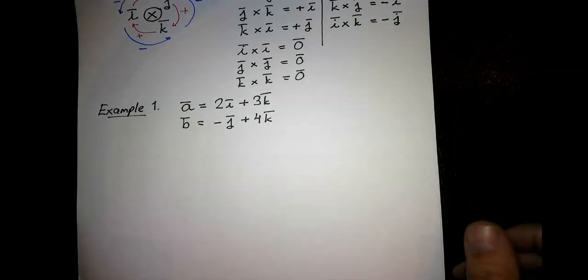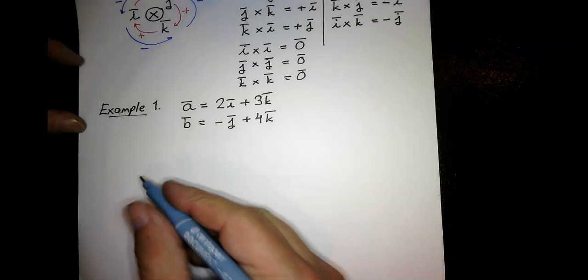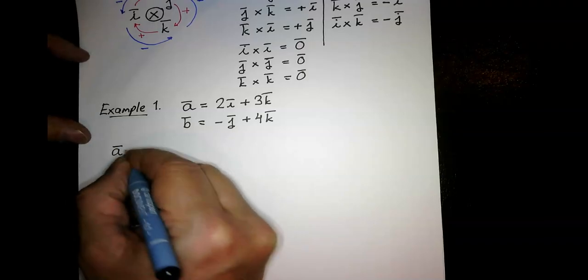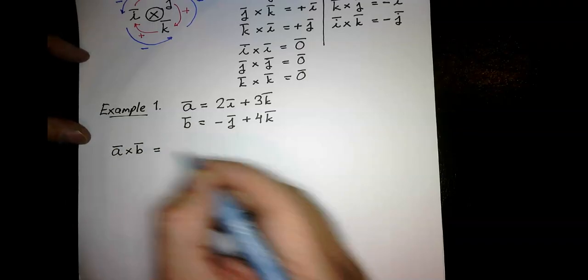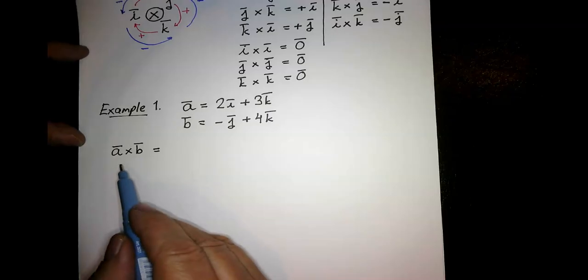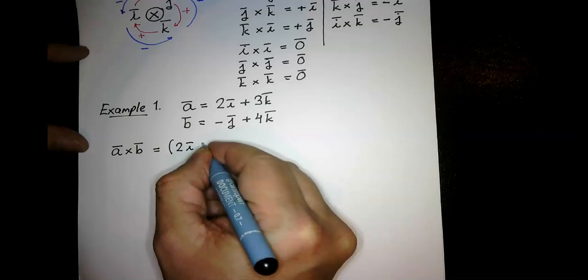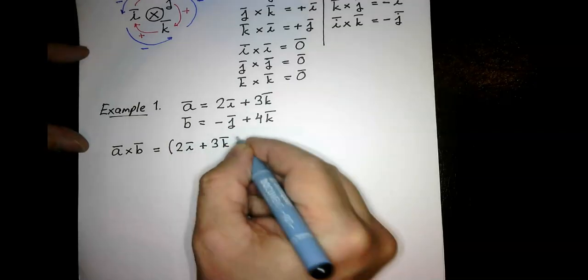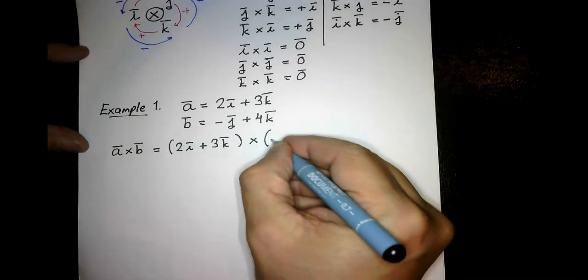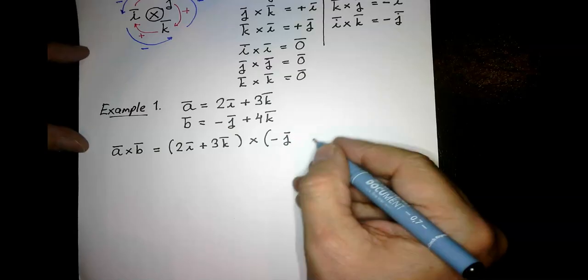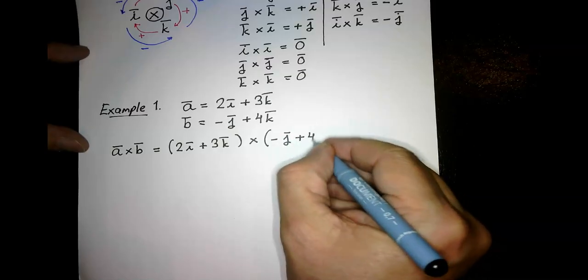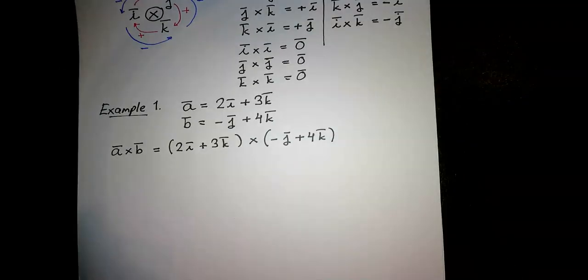Of course, they can be whatever vectors. And when I'm going to do this cross multiplication, I will write them in that order: A cross B, that is 2i plus 3k cross minus j plus 4k.